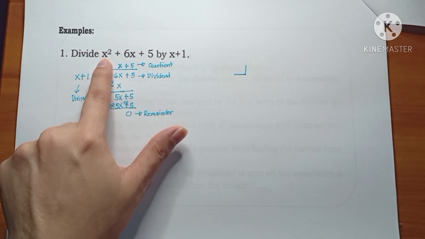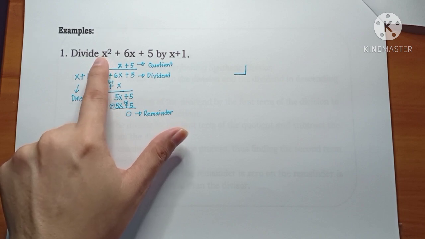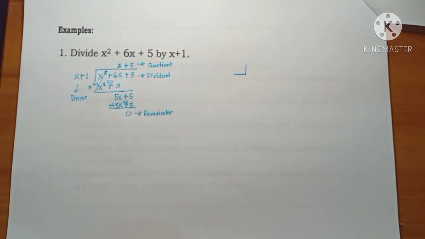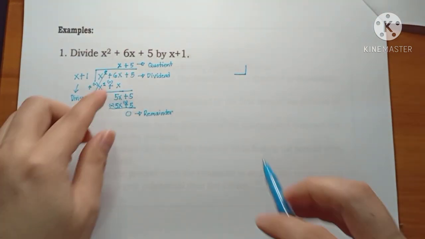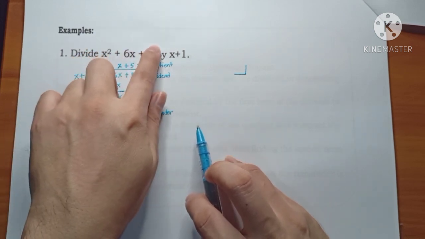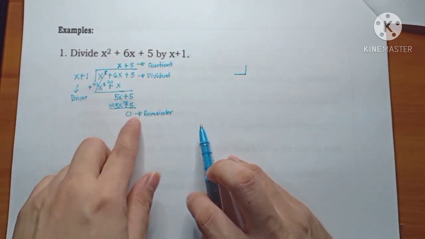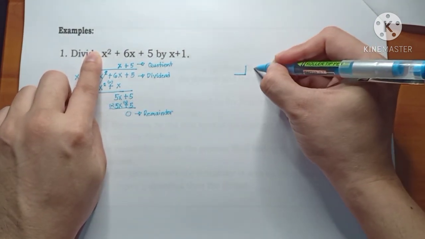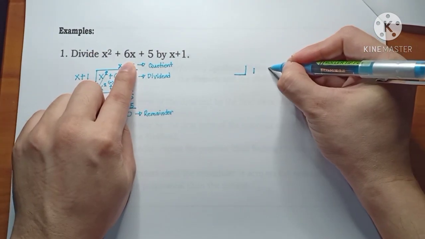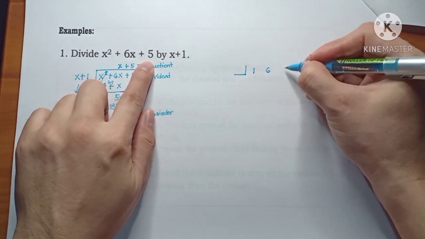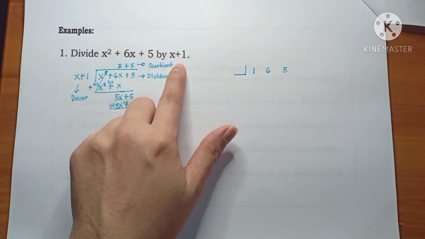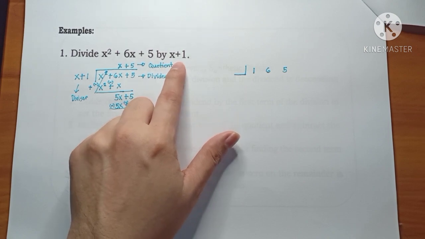Dapat ang ating dividend ay naka-descending order, ibig sabihin ang kanyang exponent ay pababa: 2, 1, and then 0 or constant. So, ito ay 1, ito ay 6, ito ay 5.